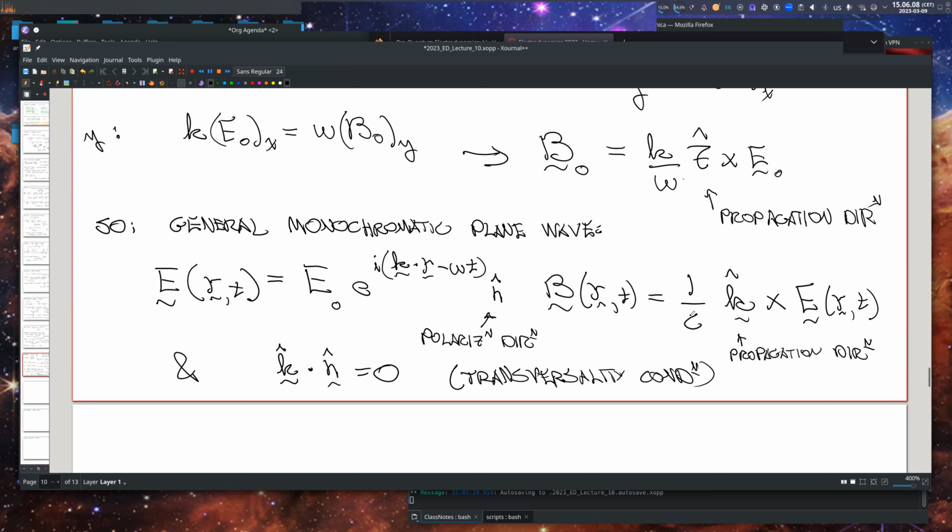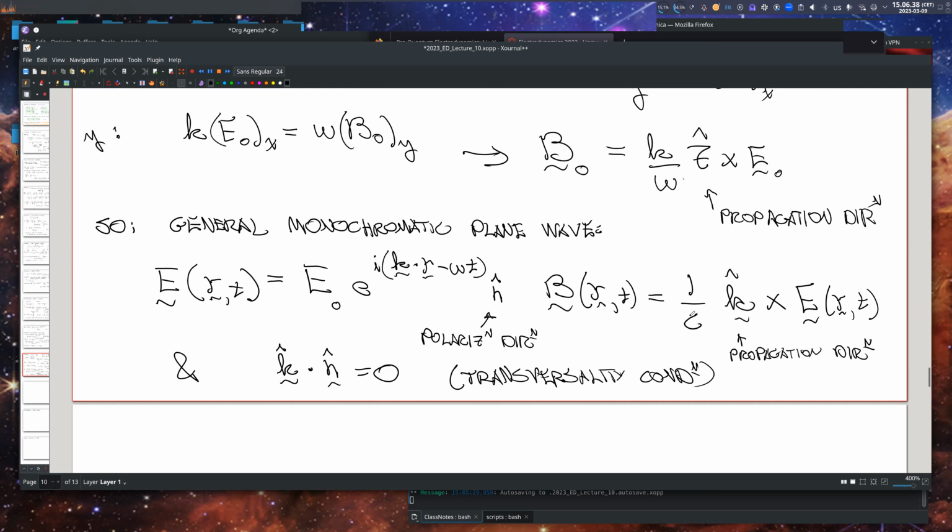Can you read? Propagation direction, choice of a direction for the electric field, given that direction and size of the electric field, the magnetic field is completely fixed. Okay? And of course, this is valid for any direction that you might have. So the k vector is just the direction in which you're going. The n vector is the direction in which your electric field is pointing.